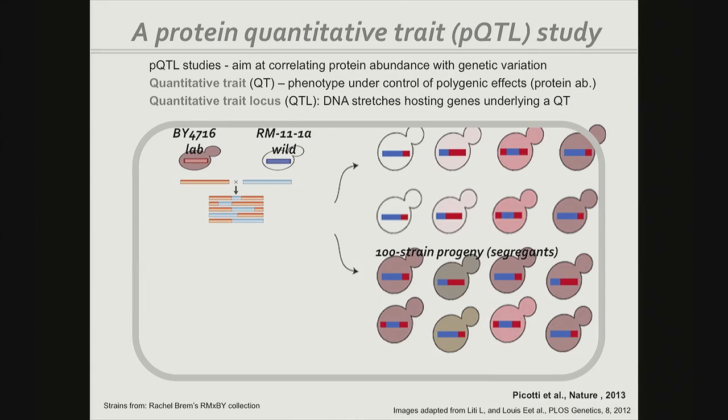So basically, the genome of the one parent and the genome of the other parent get mixed up to some extent.